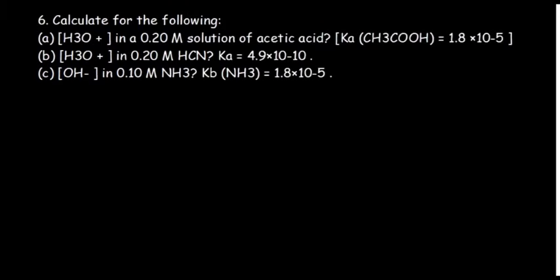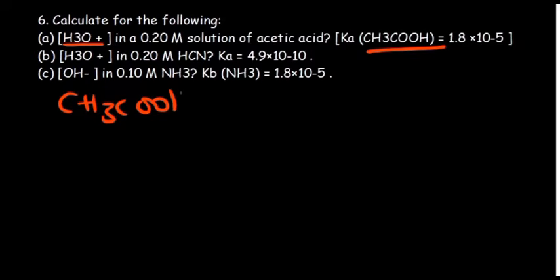Question 6. Calculate the following. For the first part, we are saying the hydronium ion in 0.20 molar solution of acetic acid. K for that reaction has been given. So we're trying to find the concentration of the hydronium ion. The first thing that we can do is write the dissociation reaction. So what we have is acetic acid.